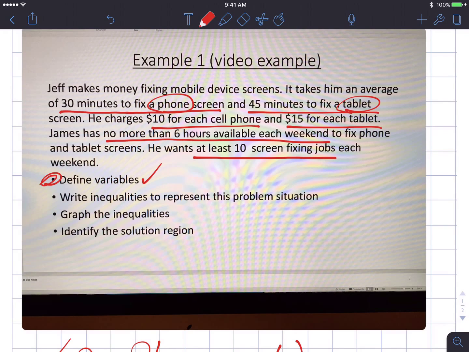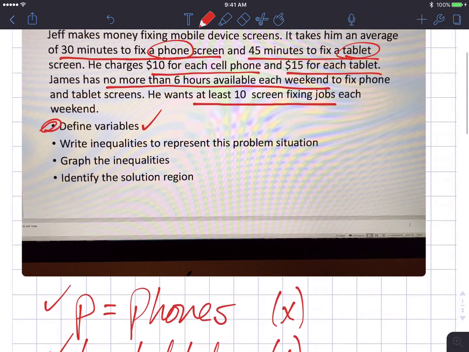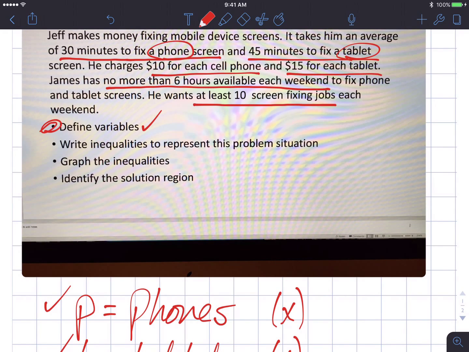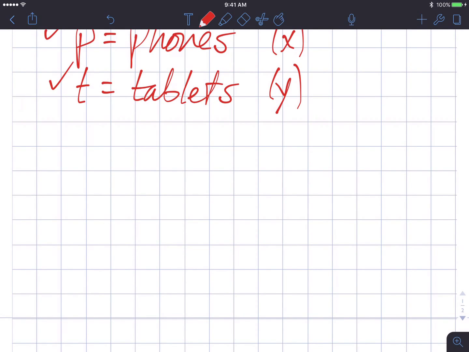Write inequalities to represent this problem situation. This is the hardest part, is writing the inequality. So let's go ahead and see if we can do this. How about the first one? He wants at least 10 screen fixing jobs. Okay, so at least, that means that's going to be greater than or equal to 10, right? Because he wants at minimum 10 of those.